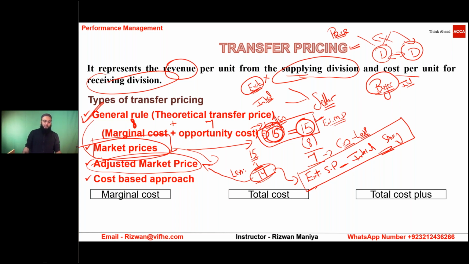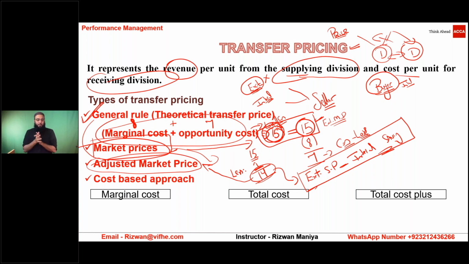Now, if I say one more thing, that internal division, I'll sell you at the market price, because this is the same I'm getting from the outside. And this is what the general rule also says, as you just saw here. But selling you internally saves me $1, because I don't have to pack that or distribute that. So I can give you the advantage of only that, the internal saving that I'm having by not selling externally.